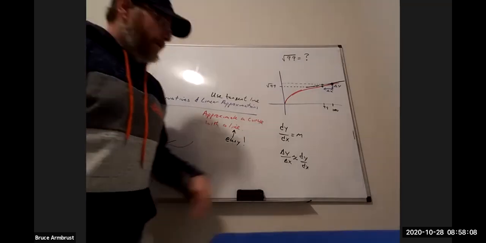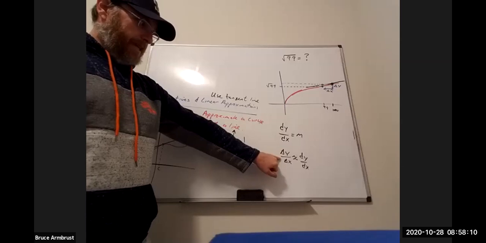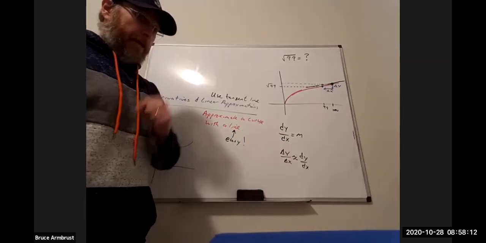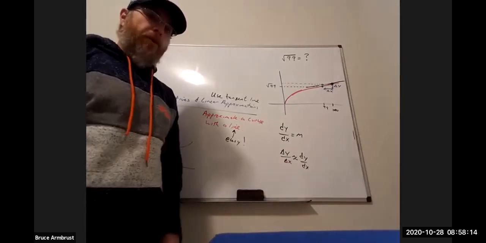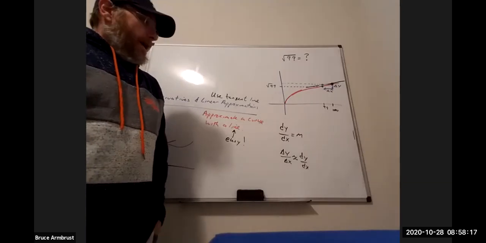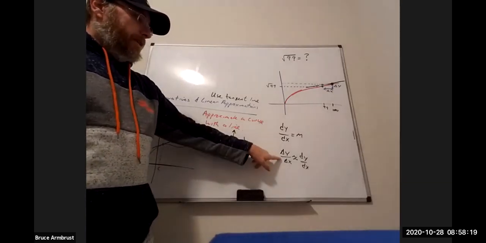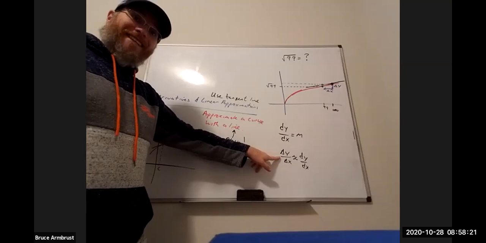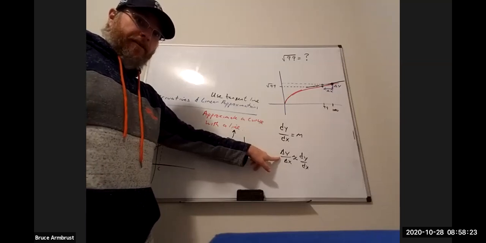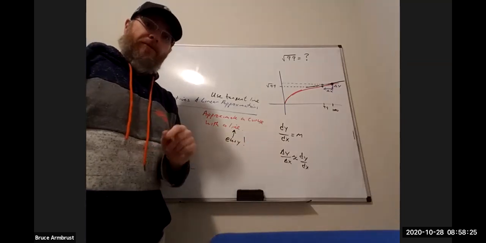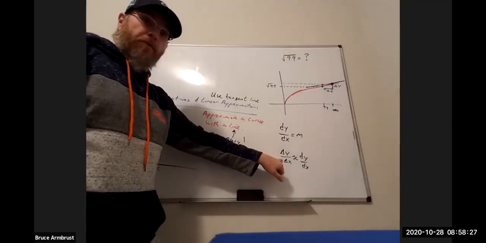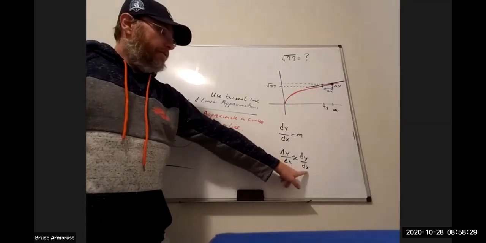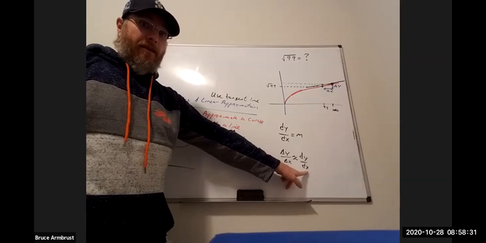Okay, so you notice how I wrote here that this delta y over delta x is approximately dy dx. Because delta y over delta x, that's the slope of the secant line. I'm just going back to the language that we used before. So this is the slope of the secant line. This is the slope of the tangent line.